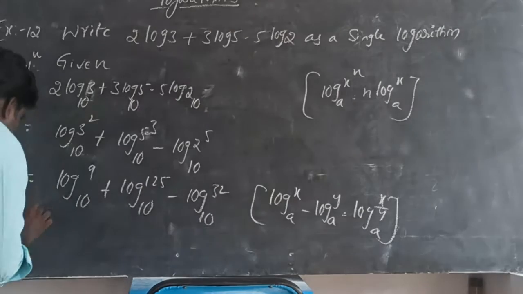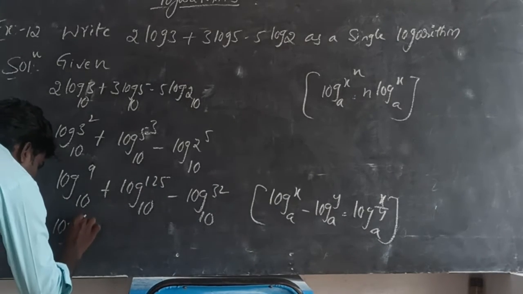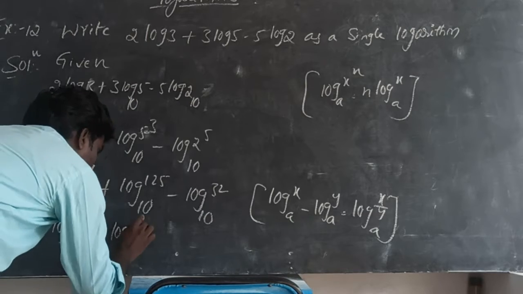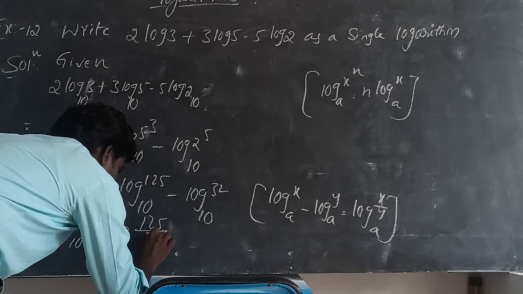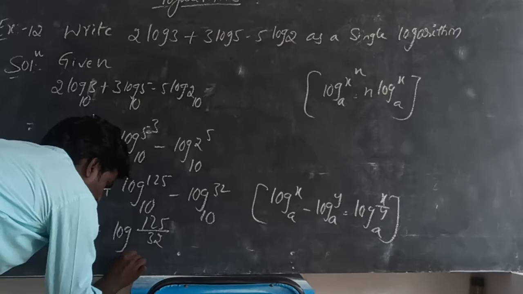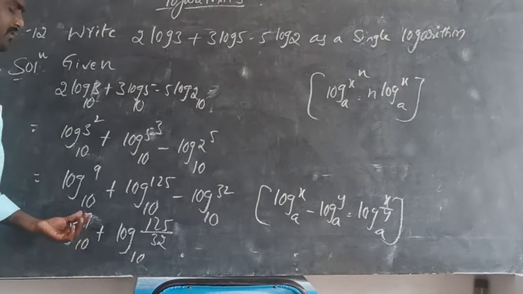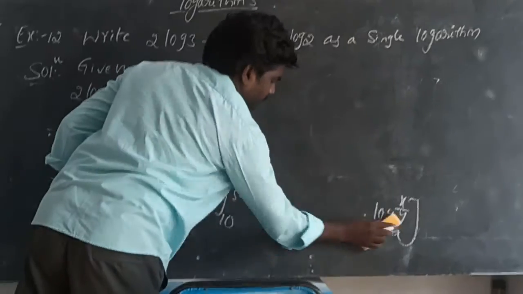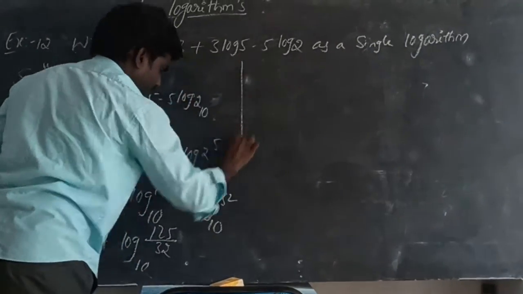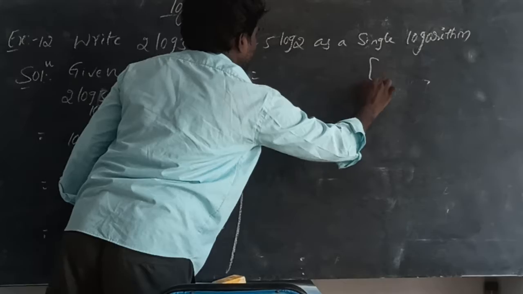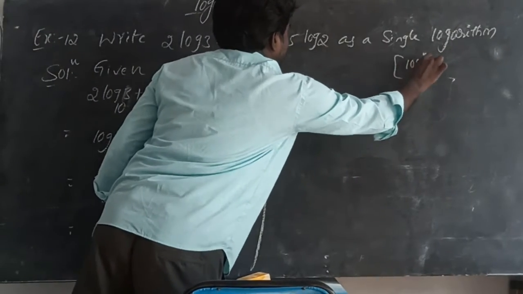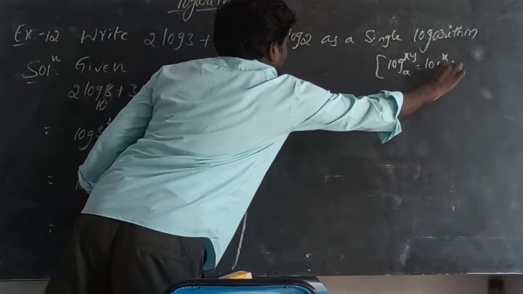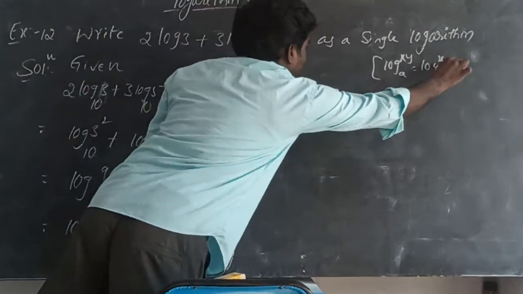So that is log 9 base 10 plus log of 125 by 32 base 10. Again here we can use the formula log x into y base a is equal to log x base a plus log y base a.